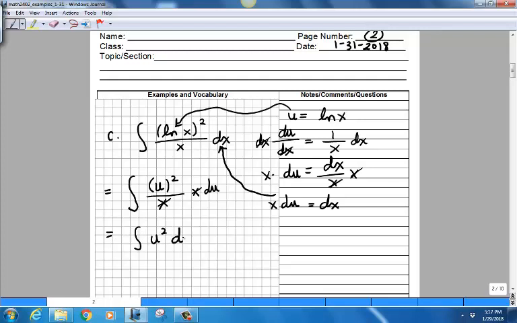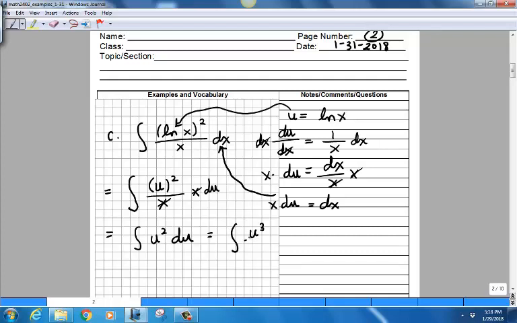And so notice now that I have managed to completely replace the variable x in my original integrand by my new variable u. And now I have kind of a new integration problem. I'm just integrating u squared. That is a very easy expression to integrate, right? Because there we can just use the power rule.